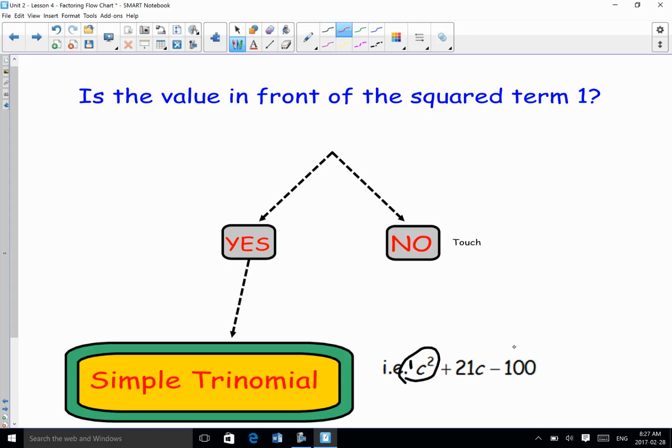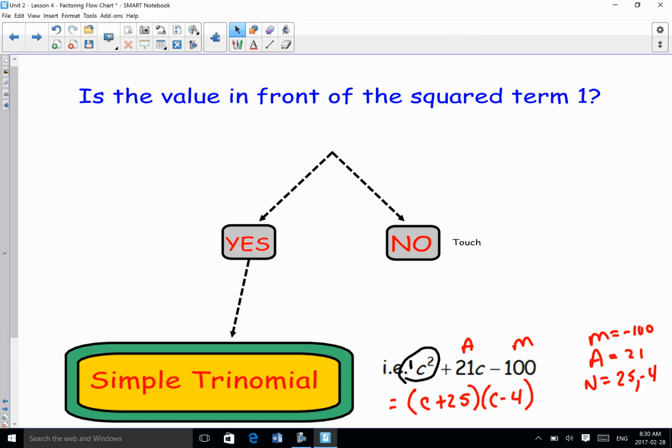We're trying to find numbers that multiply to 100 and add to 21, and we have to figure out the numbers that do that. The numbers in this case are 25 and negative 4. And with simple trinomials, once you know your numbers, you have the answer. So c plus 25, c minus 4. Done. That's it. Okay, one step. That's why they're called simple ones.